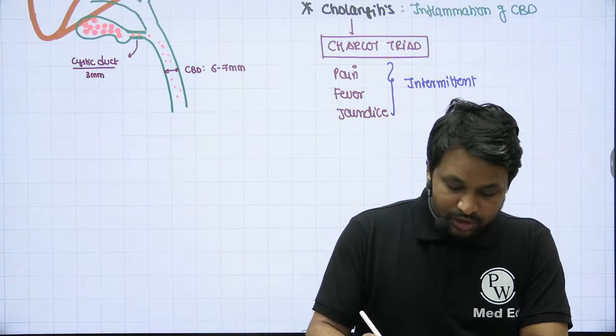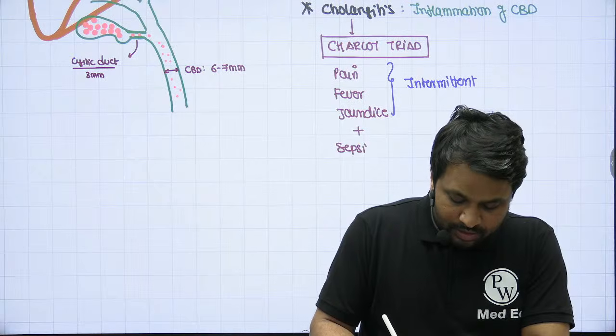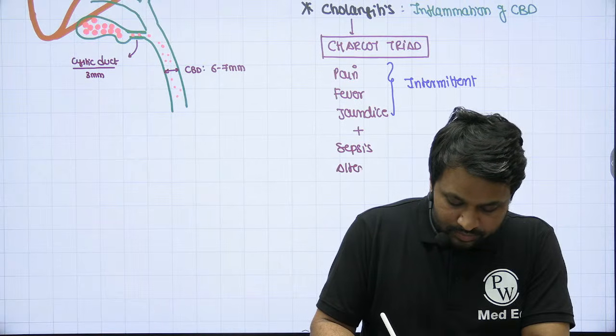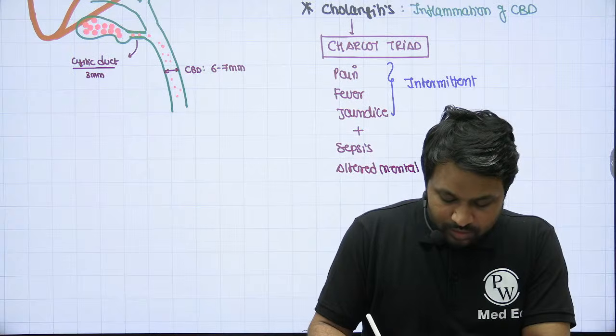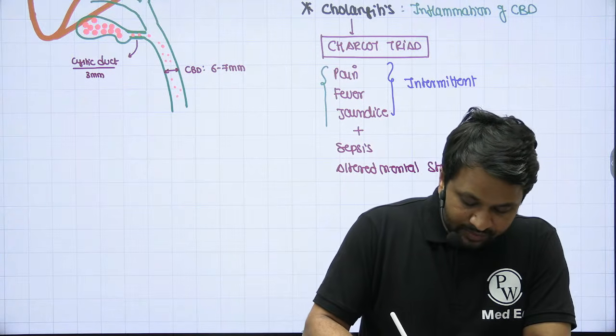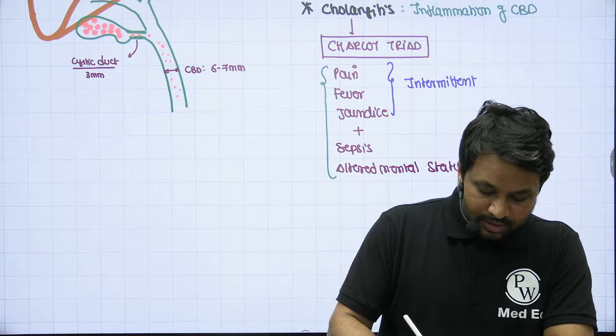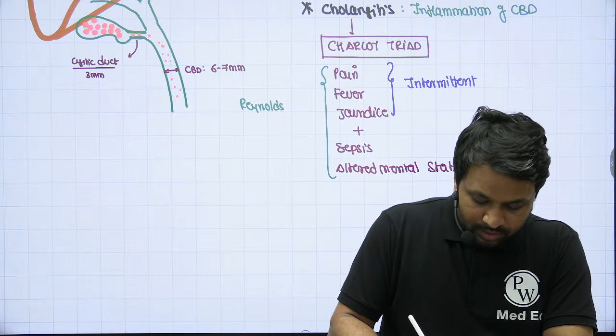If the patient does not take any treatment, the patient lands up in sepsis and altered mental status. If you combine all these 5, that is pain, fever, jaundice with sepsis and altered mental status, it is called the Raynaud's pentad.